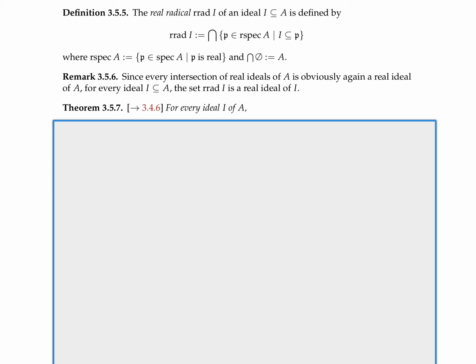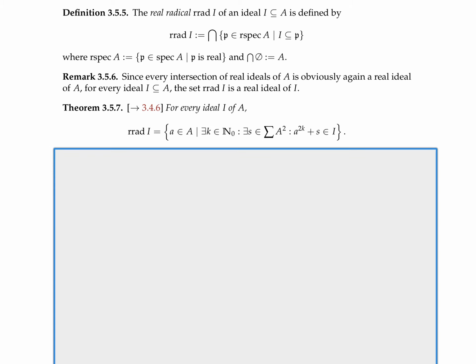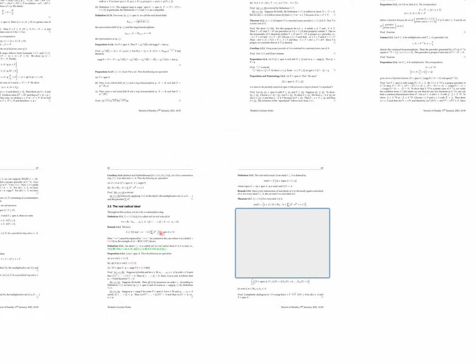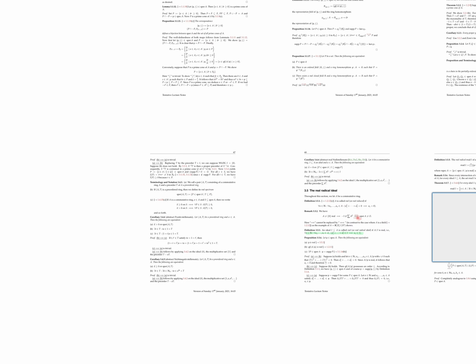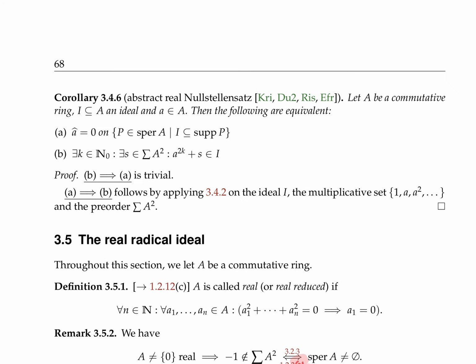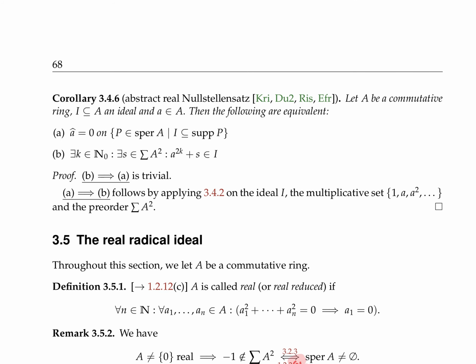So, theorem 357: for every ideal I of A, the real radical can be characterized as this. Why did I refer to 346 here? 346 was this abstract Nullstellensatz. Actually, we will see that this is closely related.